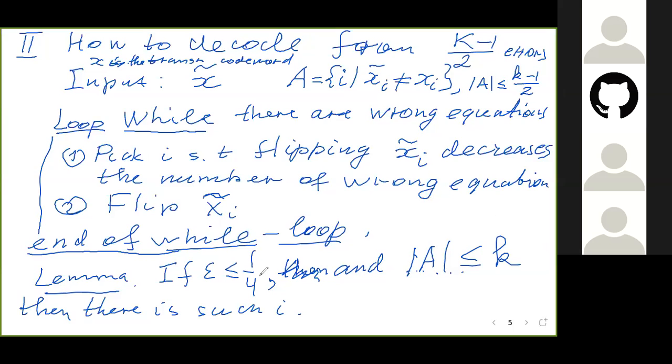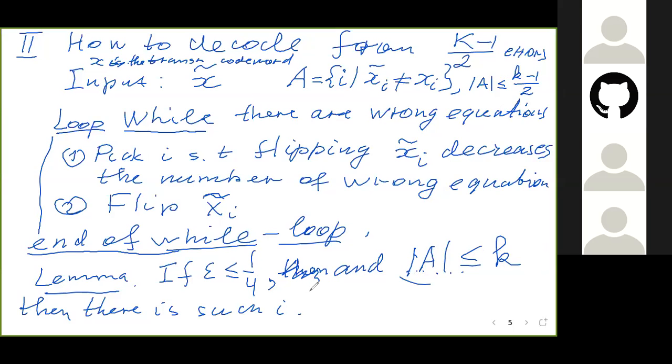So if epsilon is at most 1/2, and the number of wrong variables where our code word is different from the genuine one is at most K, then there is such an i. So of course, on the first step, this inequality holds. We know that even the number of wrong variables is less than K over 2.